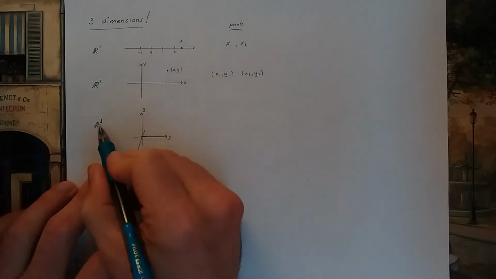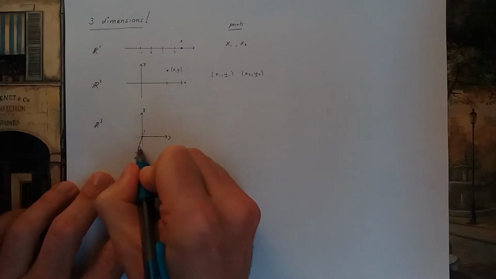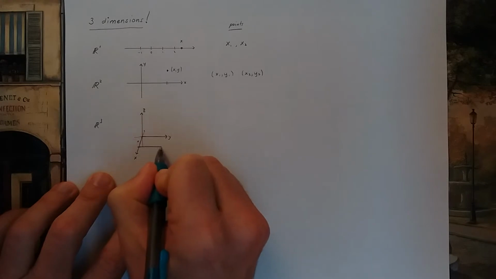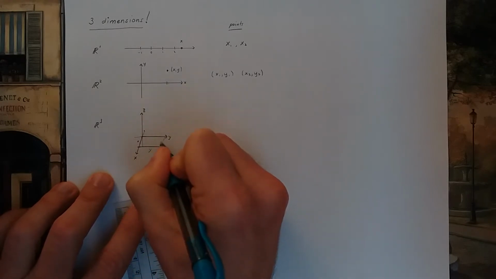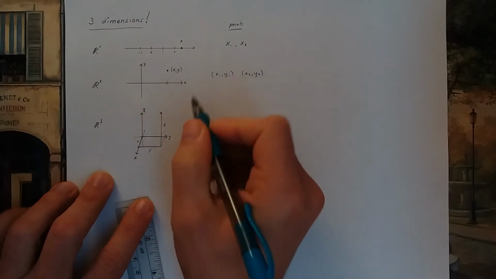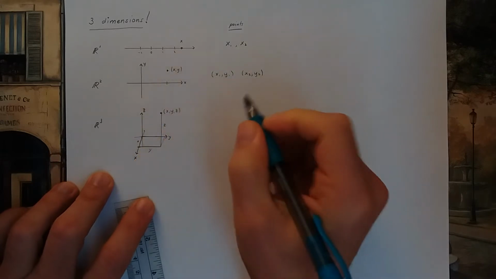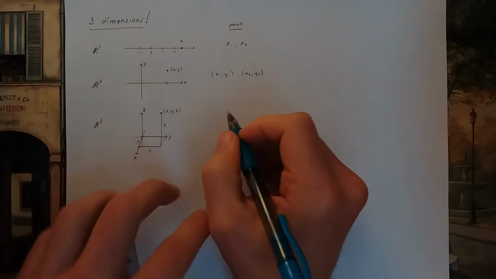So what does a point look like in R3? To get a point in R3, you travel some distance along the x-axis, then you turn a 90-degree angle, go some distance in the y-axis, and then you go straight up and travel some distance in the z-axis. That'll land you at a point x, y, z. So points in R3 are lists of 3 real numbers.